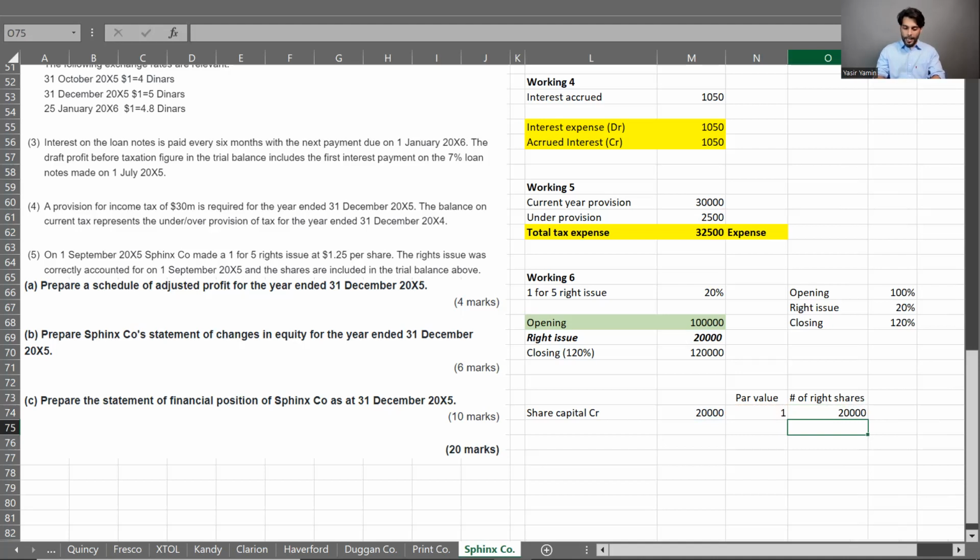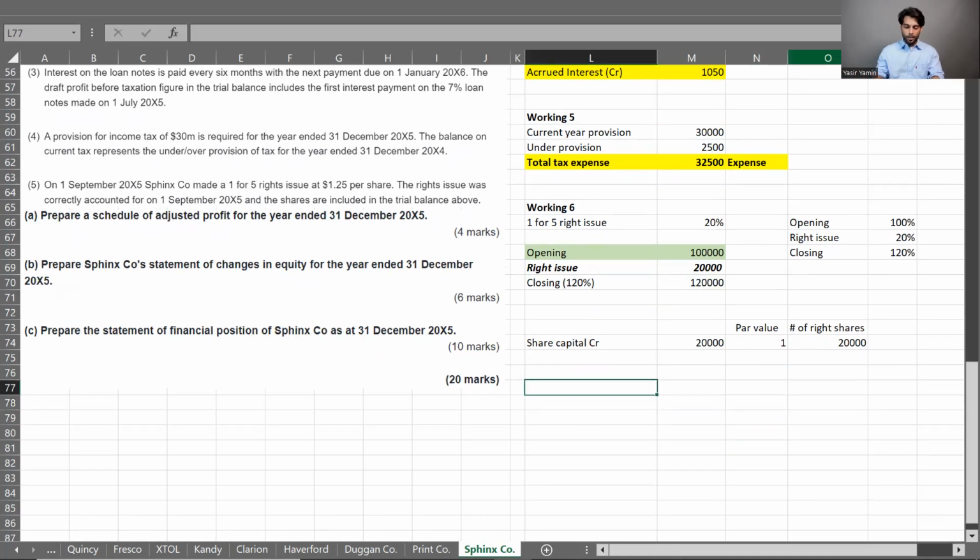So basically, the interpretation is a rights issue of 20,000 new shares at a price of 1.25, as you can see in the question.